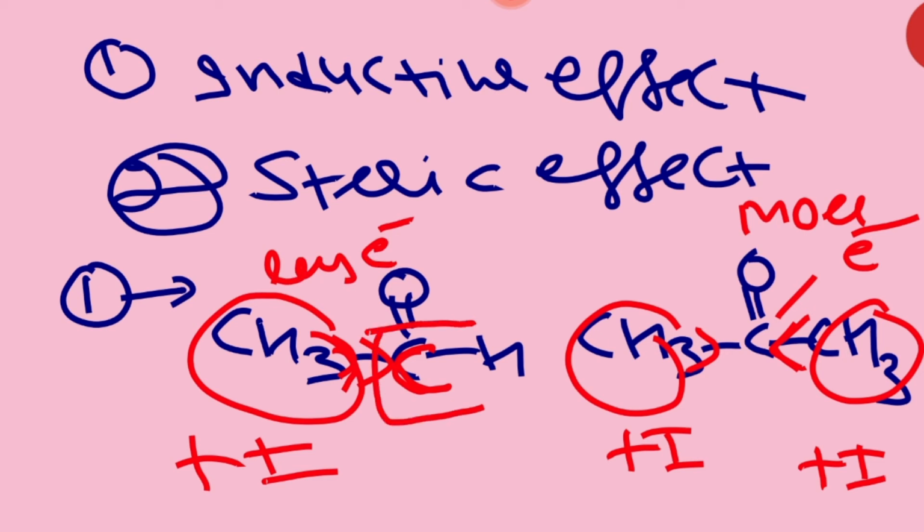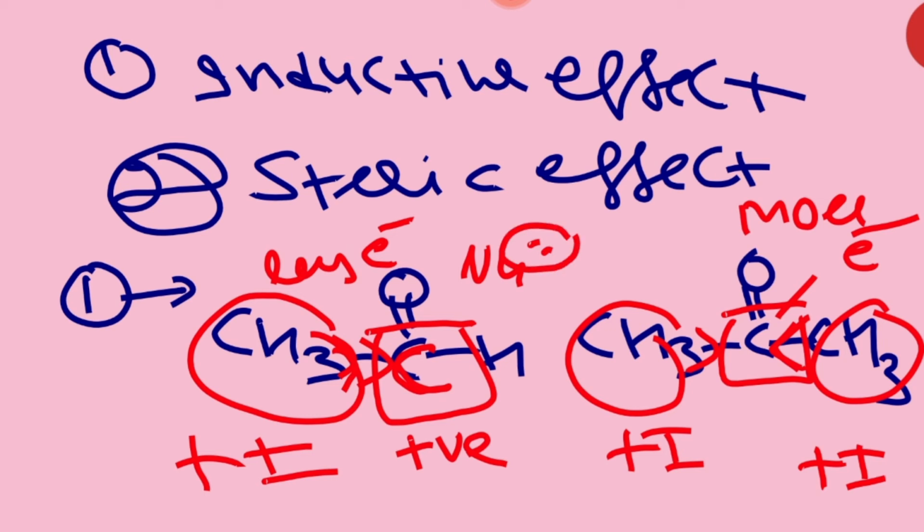In this carbon positive charge will be more, in this carbon positive charge or electrophilicity will be less. So a nucleophile can attack more easily in the case of aldehyde as compared to ketones. Clear?